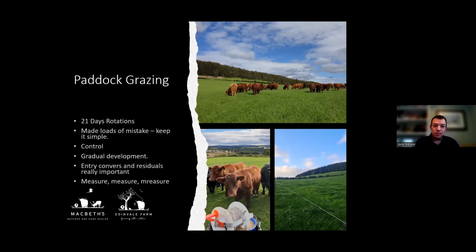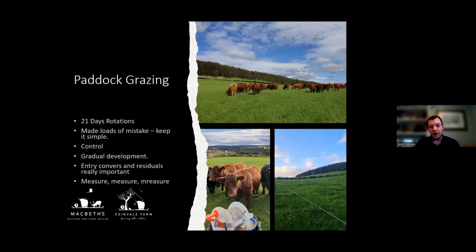We were using mobile troughs during that first year, but I have to say we didn't get on very well with it. We found that cattle would break the troughs quite quickly, so we looked at a different way. But by and large, it was a very simple system.